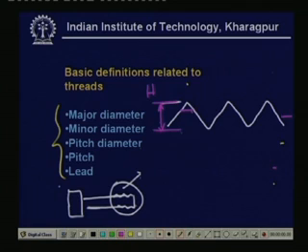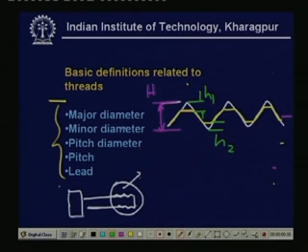So, there may be a cut over here. So, the threaded profile may look something like this. So, a clearance is given. So, there is a clearance H, maybe H1 and H2, etc. So, this is very important while designating the thread profile. We are going to study some of them very soon.